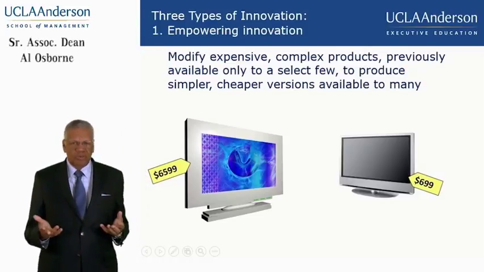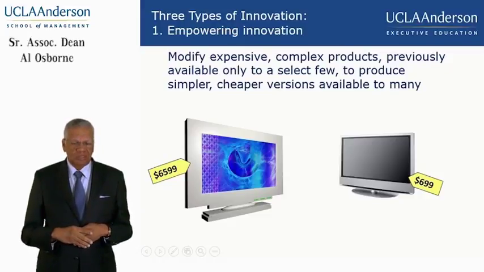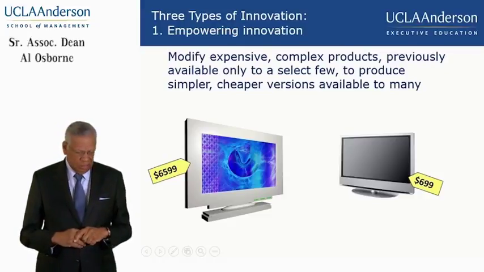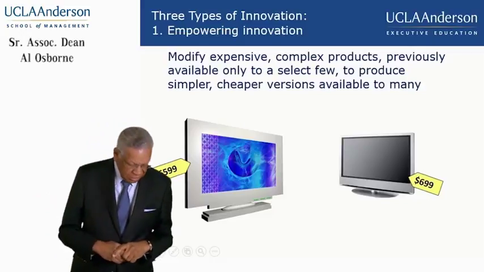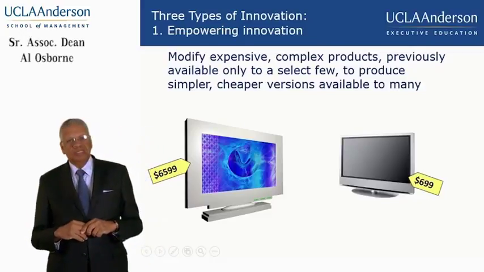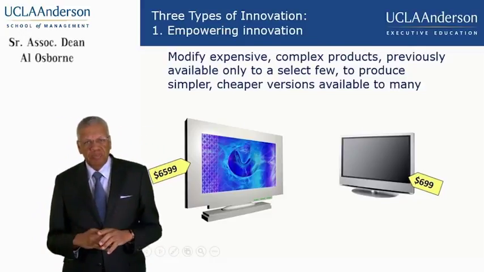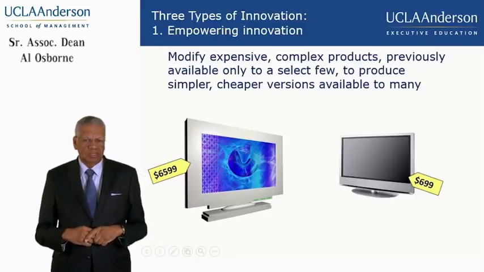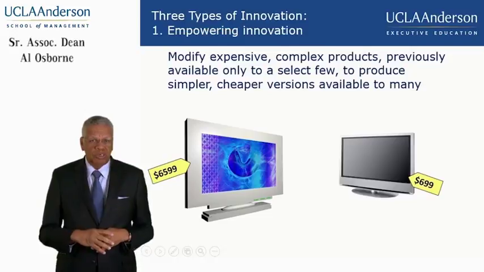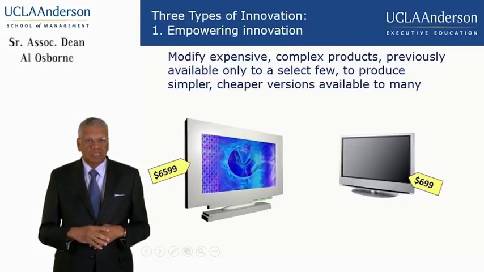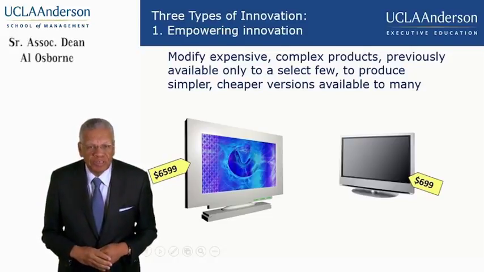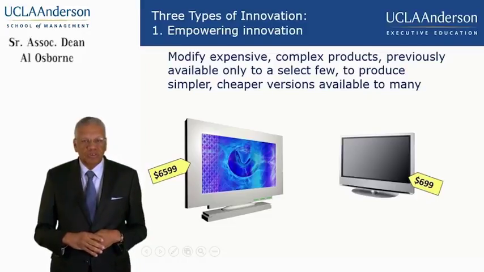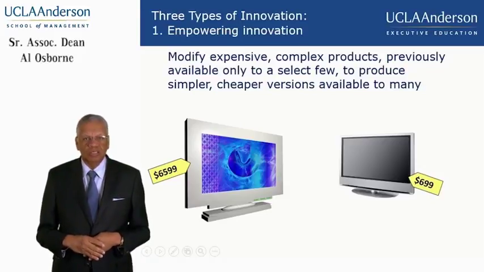Many have occurred throughout history. The one I've illustrated on the screen is about the flat TV and how that has been made cheaper and more available. But there are lots of innovations we could talk about. In the automobile realm, we could go back and think about the Model T Ford, Henry Ford's automobile, which was an empowering innovation, the horseless carriage, as it was called.